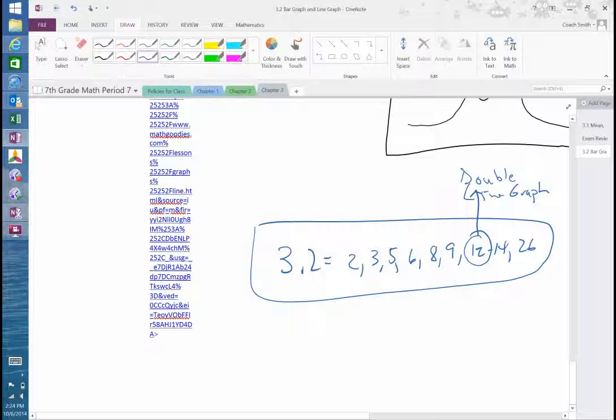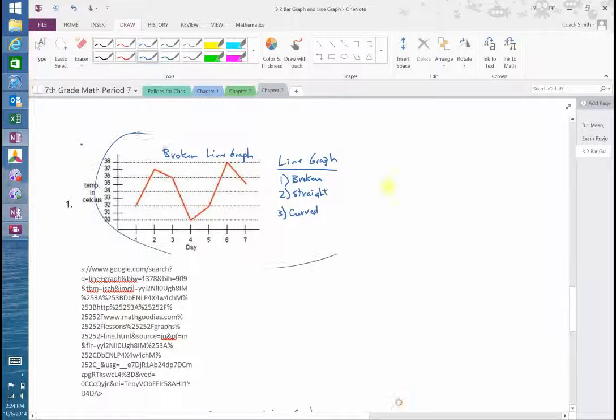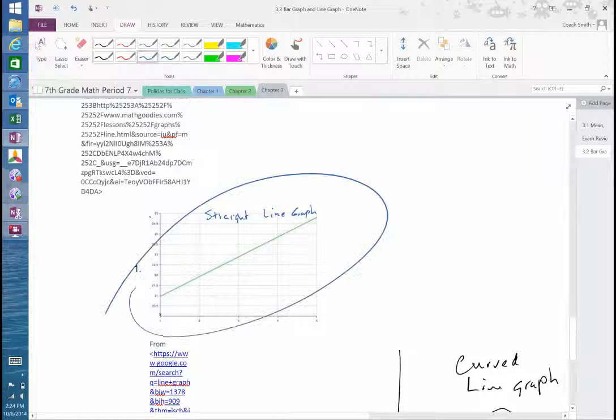Okay, that's the one you've got to do a double line graph on that a lot of people did a double bar graph on, and they end up getting it wrong because they did the bar graph instead of a line graph. Is the line graph, the line graph is this right here. It's going to be a broken line graph. Looks similar to that, or it may be a straight line graph. You won't have to do a bell curve.